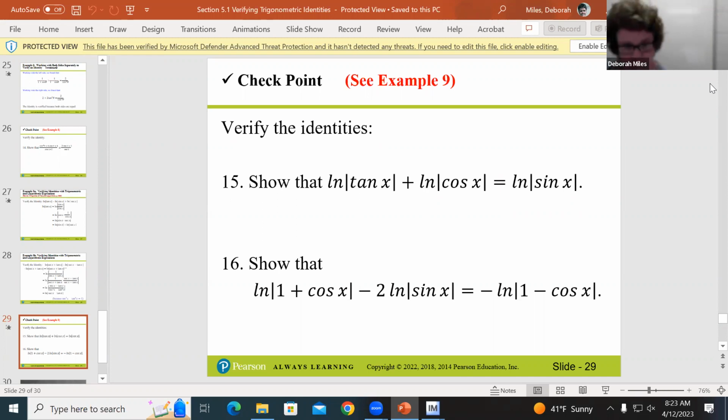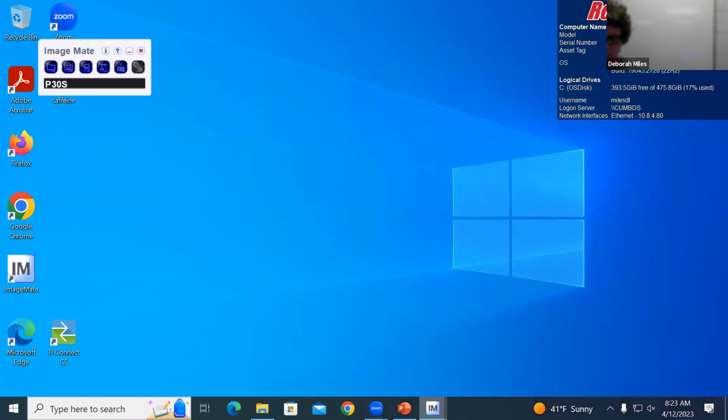All right, so 15, show that natural log of absolute value of tangent x plus natural log of absolute value of cosine x equals natural log of absolute value of sine x. I'm gonna go ahead and, no, I don't have to write down 16. I've got it on my paper. All right.